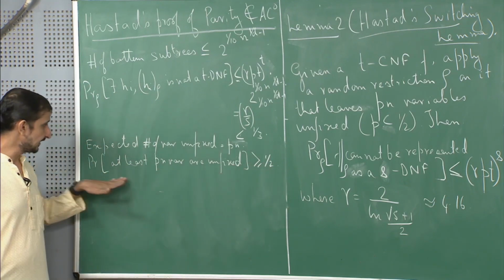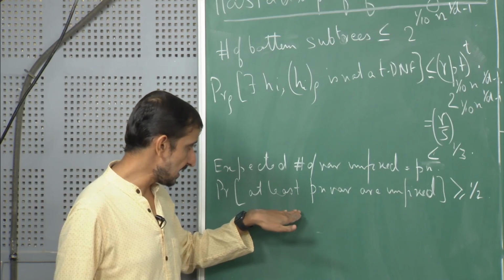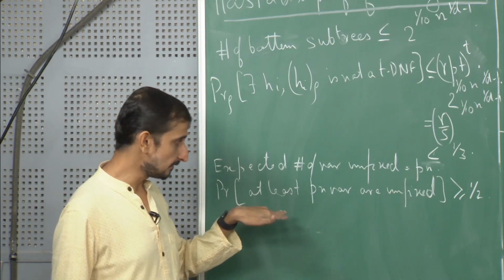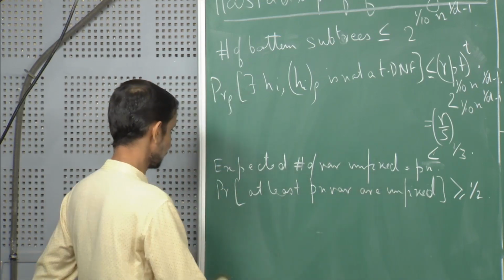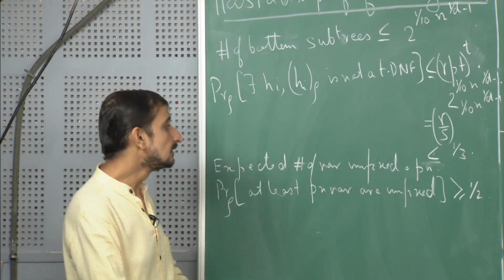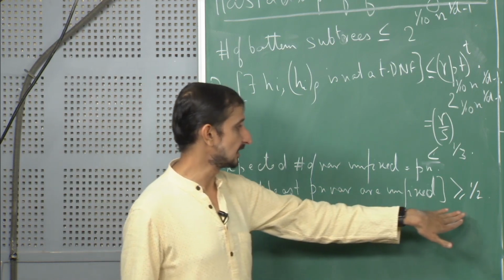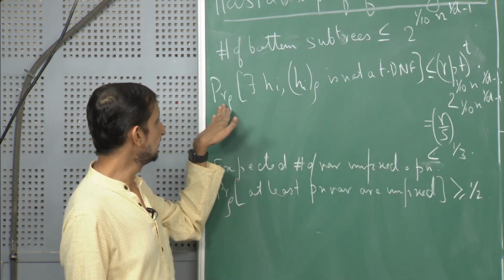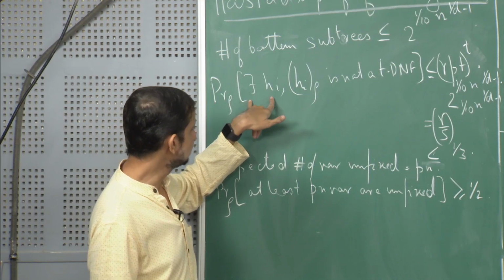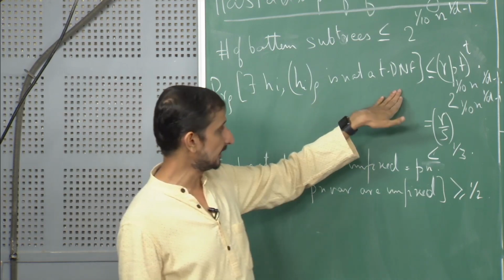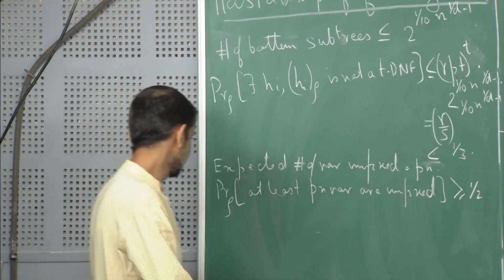So by our choice of rho, the probability that at least p n variables are unfixed is half, and the probability that there exists an H_i that is not a t-DNF is less than 1/3.